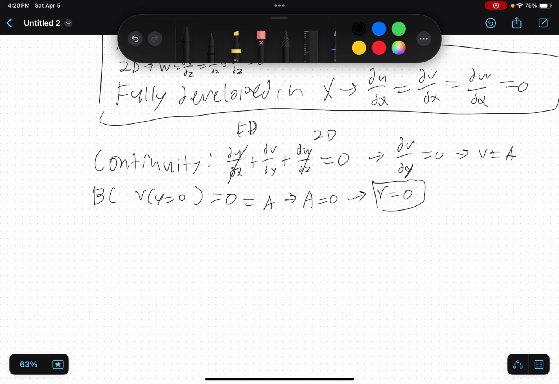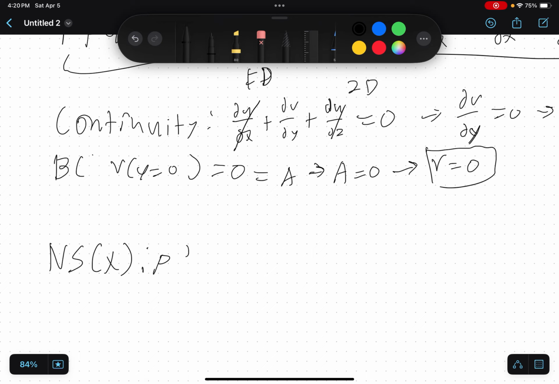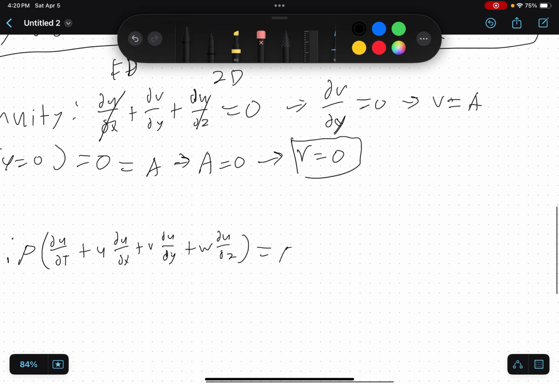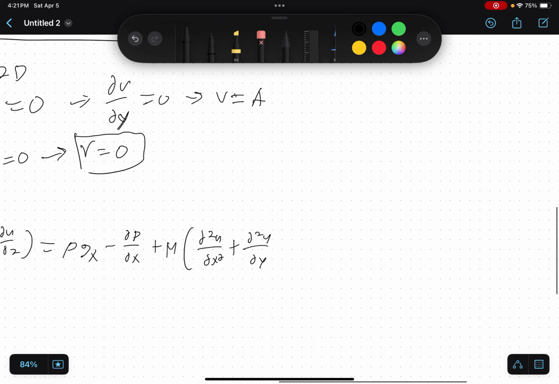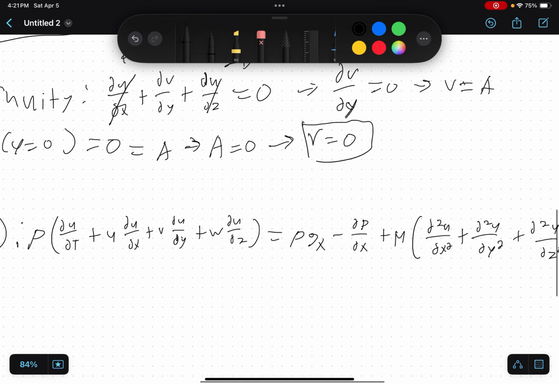Okay, so let's just go to Navier-Stokes in x. Is that right?